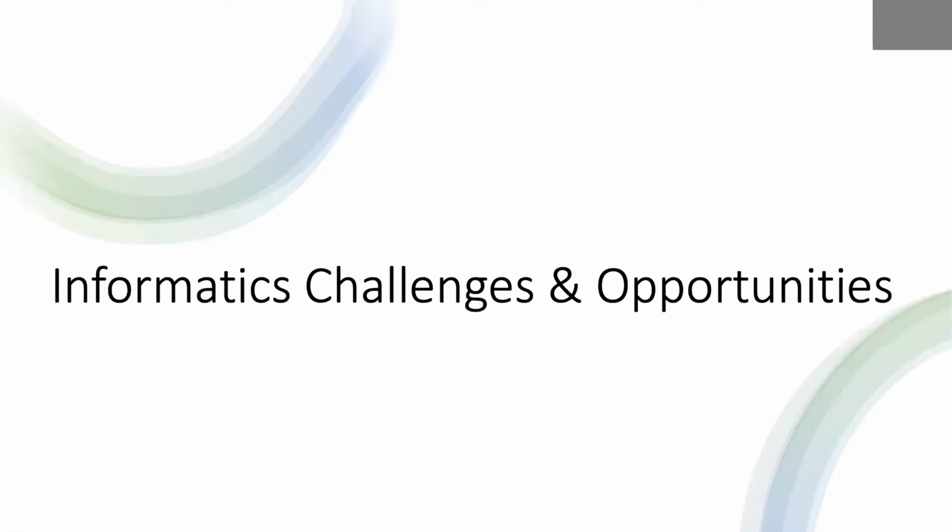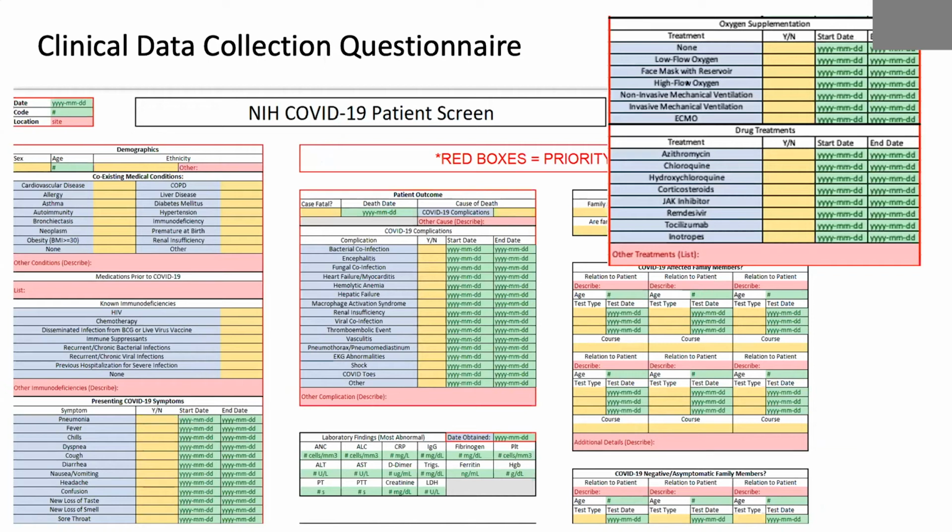There were several challenges, but also opportunities that were part of this effort. First of all, the researchers designed a questionnaire, a COVID-19 patient screen. They have a very well-formatted Excel document with definite sections for demographics, laboratory findings, etc., so that they would get standard data in a standard format.